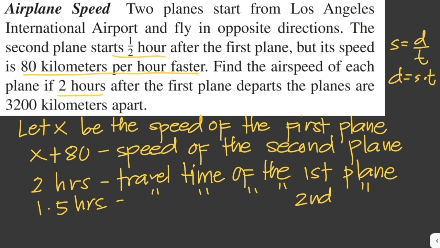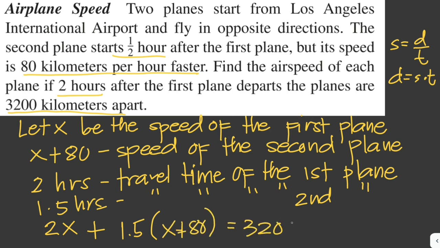So the distance between the planes is 3,200 kilometers, so we can set up an equation here. Speed times time, so that is 2x, plus the travel time of the second plane times its speed, which is x plus 80, 1.5 times (x plus 80), equals 3,200.